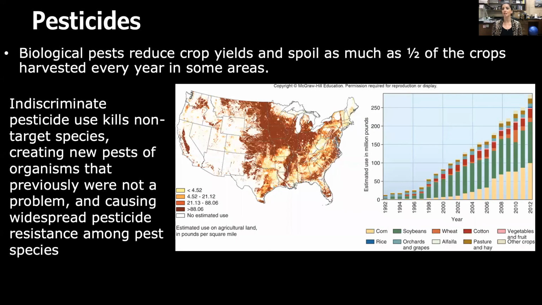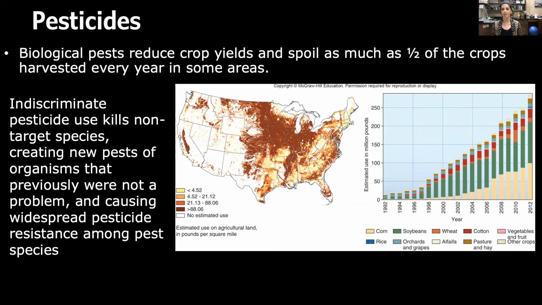Another cost is the increased use of pesticides. Biological pests reduce crop yields and spoil as much as 1/2 of all of the crops harvested every year in some areas. And so, as you can imagine, with the advent of pesticides, this really gave farmers some sense of hope that they can increase their crop yields if they apply this pesticide to reduce the things that are eating their crops.